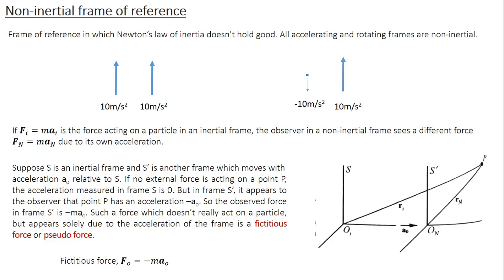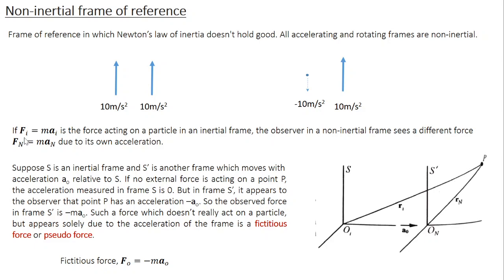Because of the acceleration of the frame itself, the acceleration you are going to measure is going to be different. Consequently, the force which you are going to measure is also going to be different.